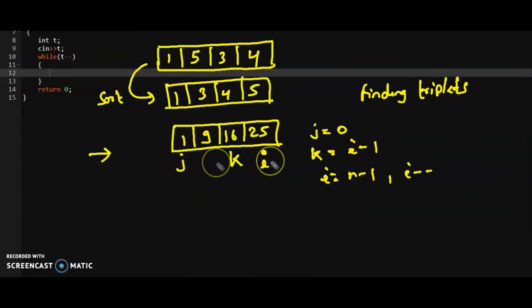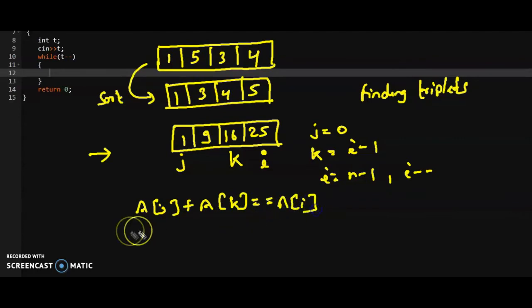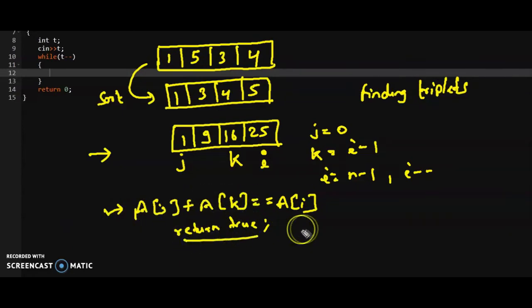And for every i, we will check if a of j plus a of k is equal to a of i. If we find something like a of j plus a of k is equal to a of i, then we will simply return true, because they have said if you find such a Pythagorean triplet, then you have to return true, or you can print yes, right?